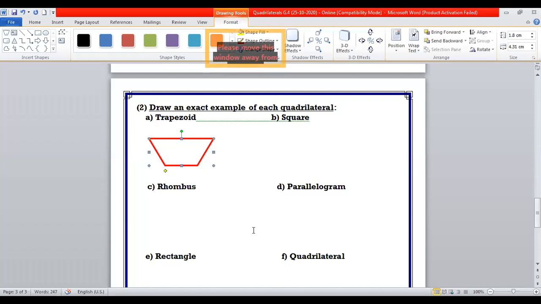Have you finished trapezoid, guys? You finished the drawing? No, I didn't do it yet. Okay, you have another 1 minute. Mister, can I show you my trapezoid? Okay, show.